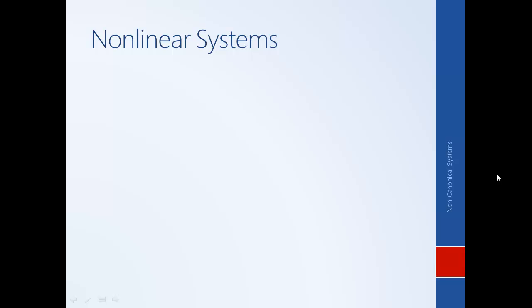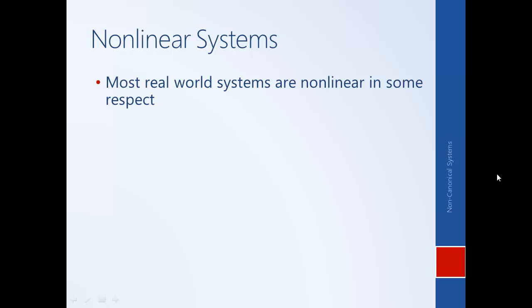Another example of a type of system that is non-canonical, that doesn't fit our standard form, are nonlinear systems. Most real-world systems are nonlinear in some respect, and we've discussed a few examples so far in this class: the stiction in a Coulomb friction model, how air drag is proportional to velocity squared, saturation, backlash, and nonlinear springs are all examples of nonlinear systems or nonlinear effects.